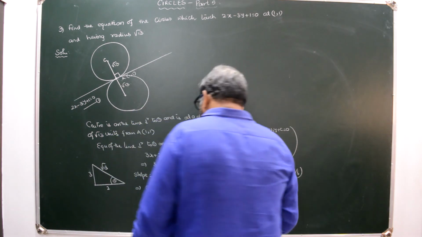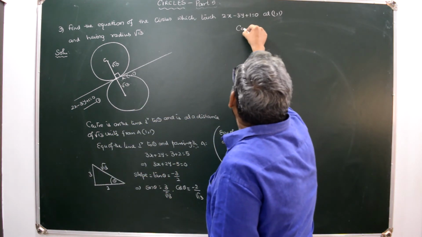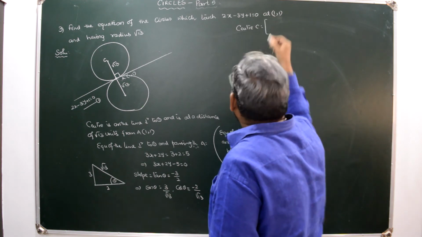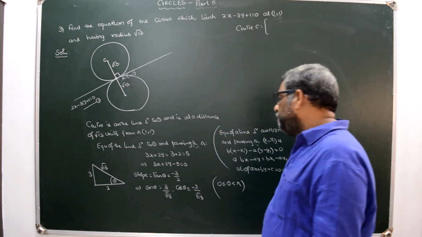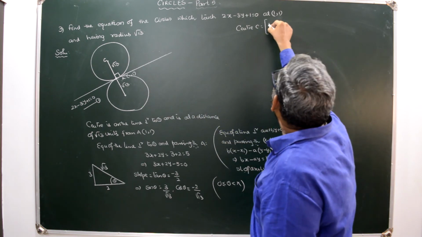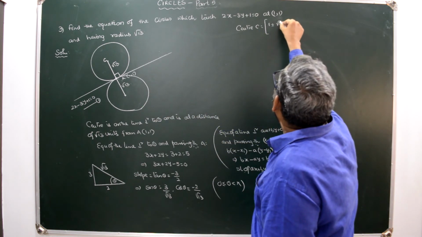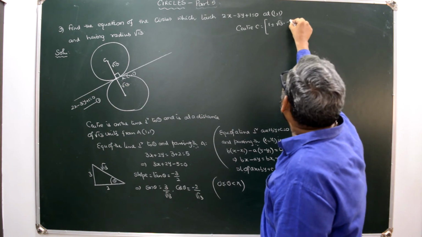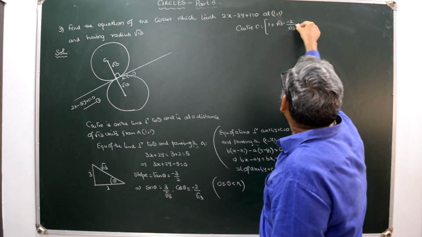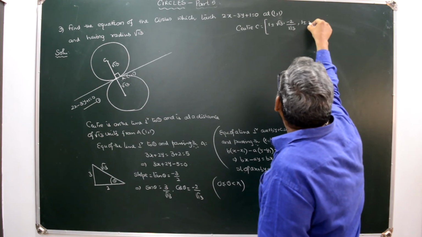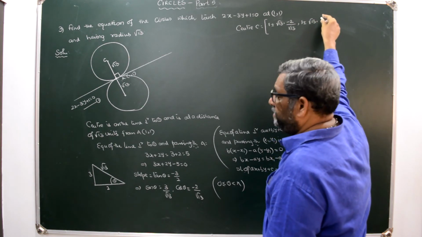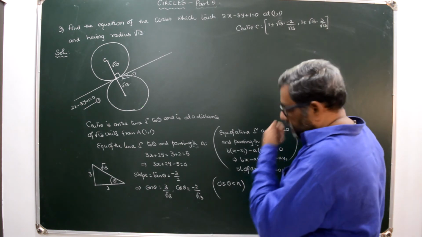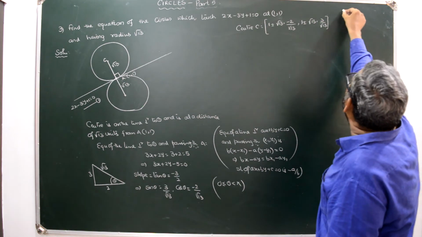Now, the center C is equal to x1 plus or minus r cos theta, with r equal to root 13. Cos theta is minus 2 by root 13. y1 plus or minus r sin theta, sin theta is 3 by root 13. This we will learn in the first year in the straight line chapter.